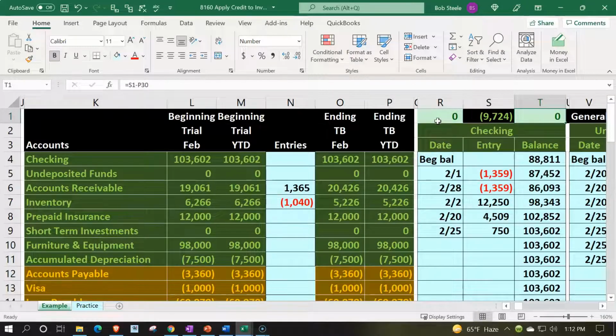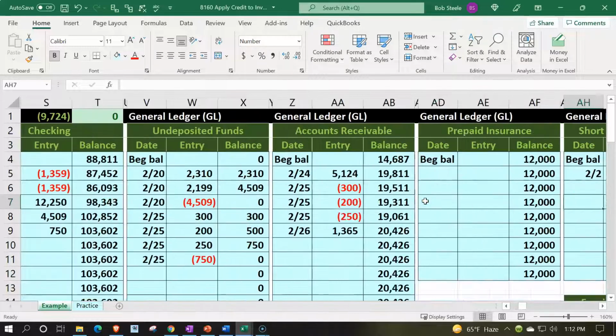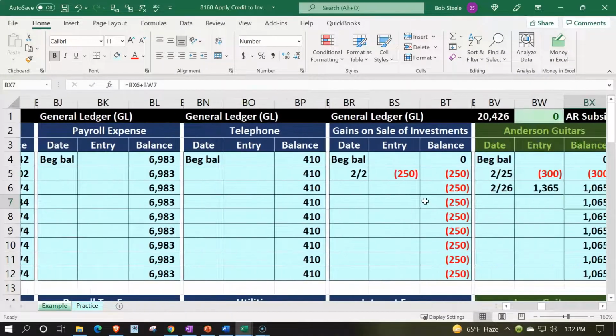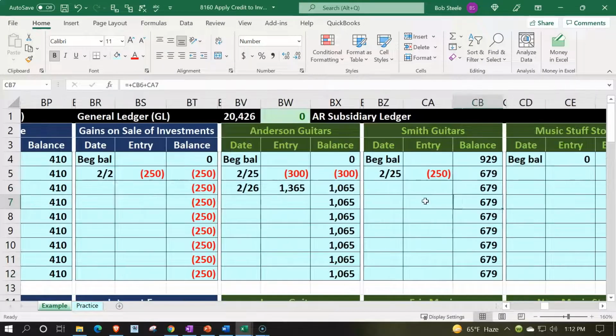Now we also need to post to the accounts receivable for the customer that we got the money from, which I think was Mr. Anderson again. Mr. Anderson, once again, is the one involved. So we're going to go on over to our subledger over here, breaking out the accounts receivable by customer, and Mr. Anderson guitars on 226.